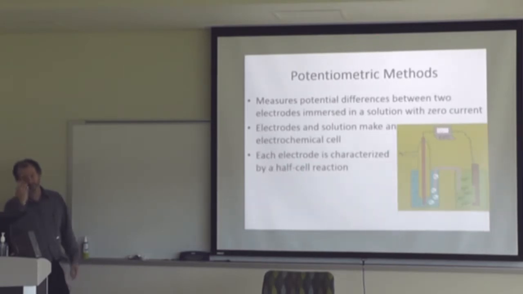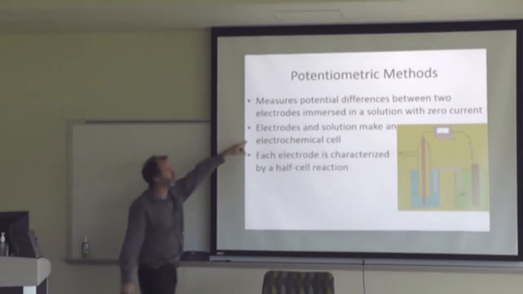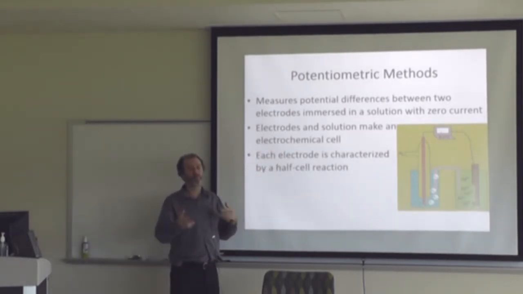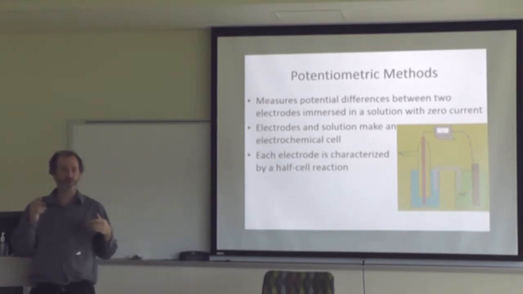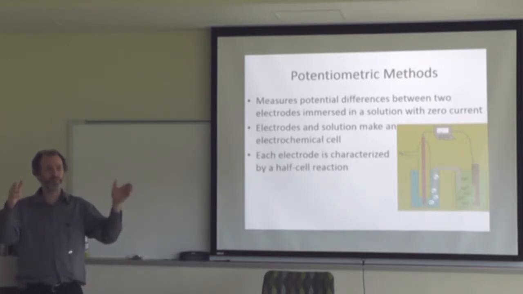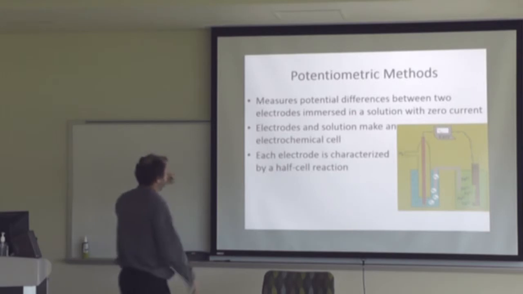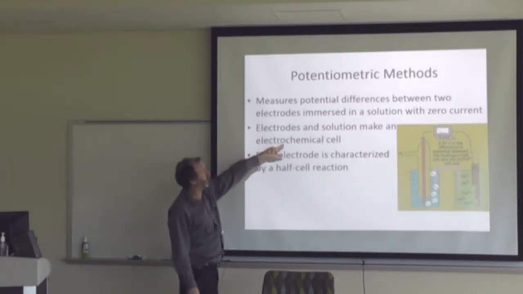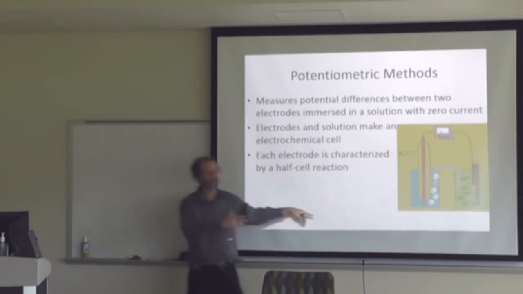So potentiometric methods measure the potential difference between two electrodes immersed in a solution with zero current. That's important to remember: in potentiometric methods, we don't use current. We just measure where that current wants to flow from. We measure the potential difference, okay? So the electrodes and a solution make an electrochemical cell, and each electrode is characterized by some half cell reaction.